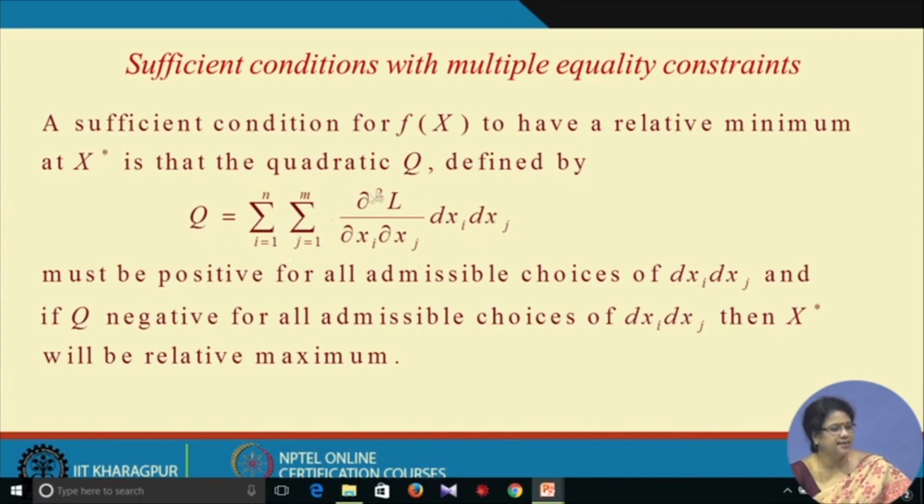Depending on the value of it, we can say whether it has a maximum or minimum with a particular choice of xi, xj. Clear? This is a sufficient condition. Mathematically it looks very odd, but this is nothing but the Hessian matrix, the determinant value of it. Clear?